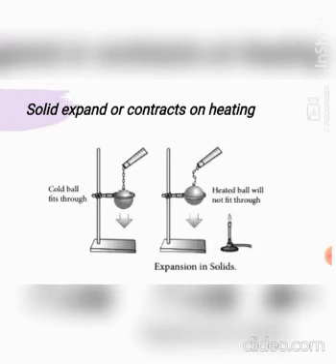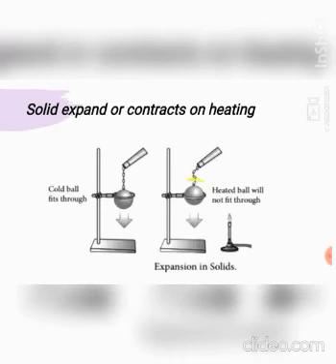The ball will easily move into the ring. As we heat the iron ball, we will not be able to put the iron ball into the ring. This experiment is said to be the ball ring experiment, which shows that solid expands and contracts on heating.